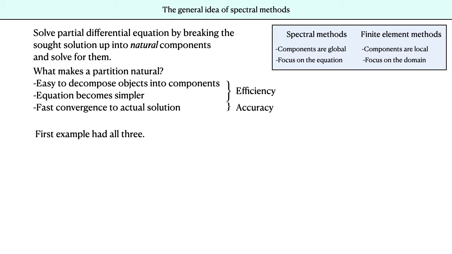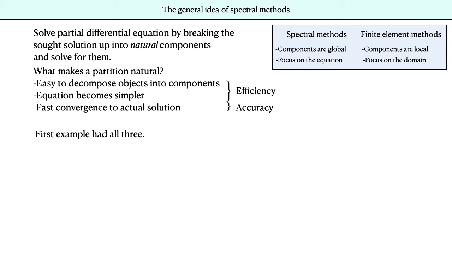Spectral methods and finite element methods are similar. It's the same idea of breaking a solution up into parts, but one difference is that the components or basis functions you use for spectral methods are typically global in space, whereas the finite element method basis functions are usually local.